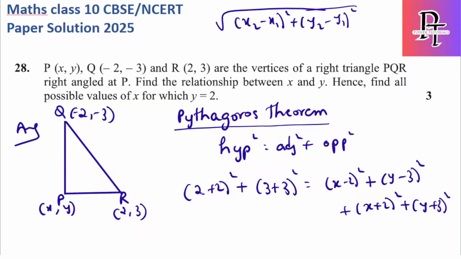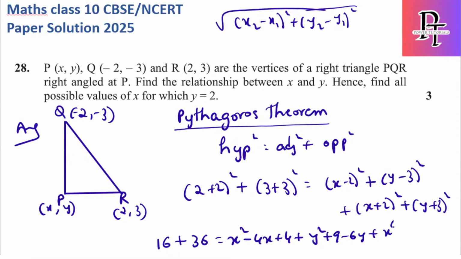Okay, so 4 squared is 16, 6 squared is 36, is equal to, using a minus b whole squared, a squared plus b squared minus 2ab, x squared minus 4x plus 4 plus y squared plus 9 minus 6y, plus x squared plus 4x plus 4, and the last one y squared plus 9 plus 6y.